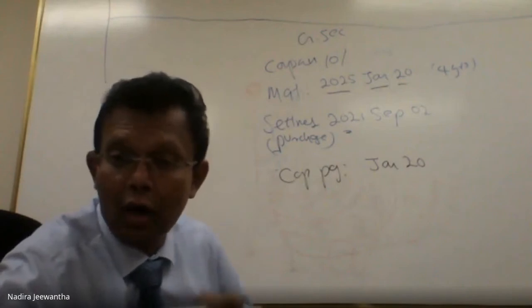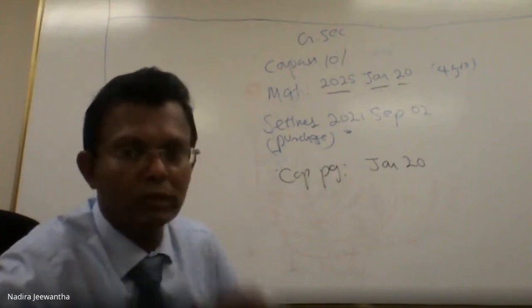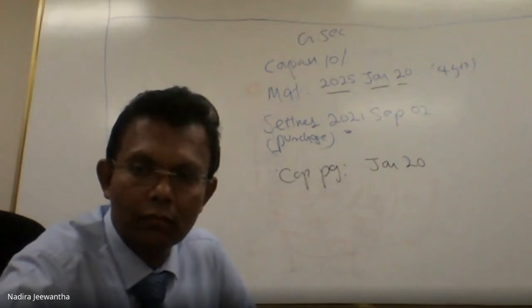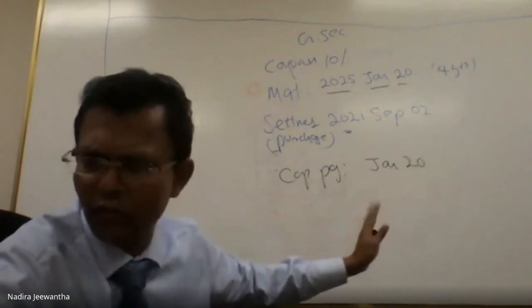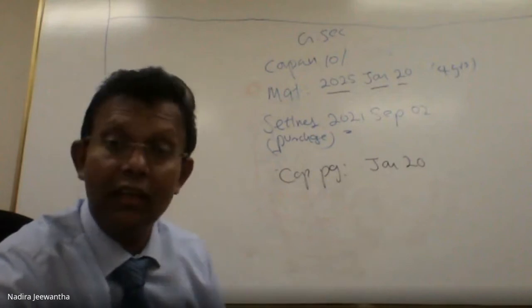So basically on the maturity date you are getting one coupon. When is the maturity date? January 20th 2025. Forget about the year. We need the day and the month.